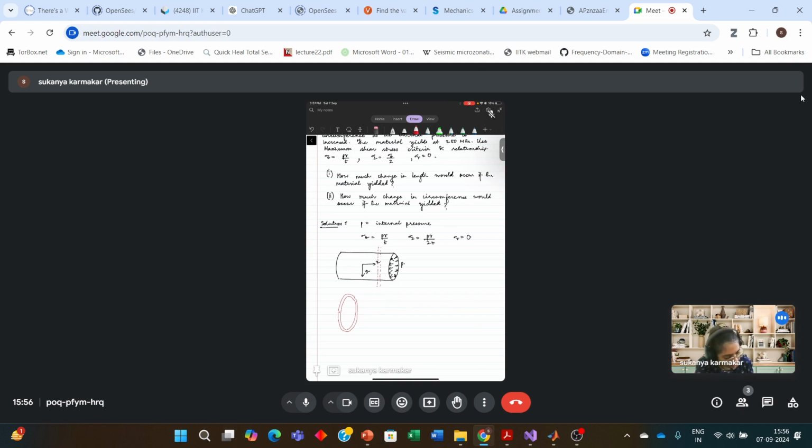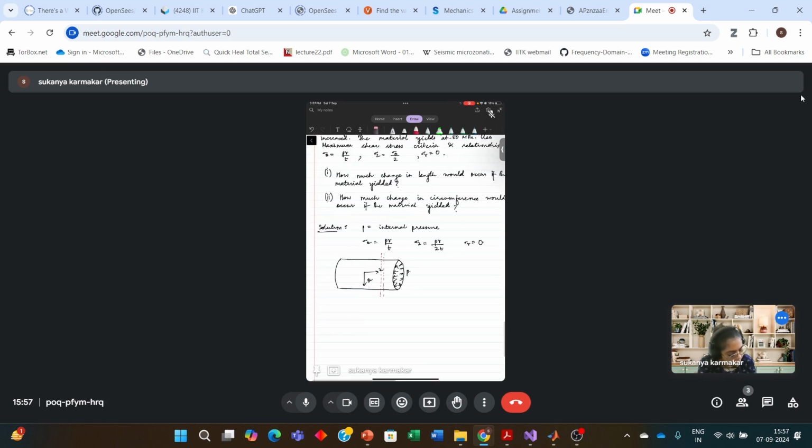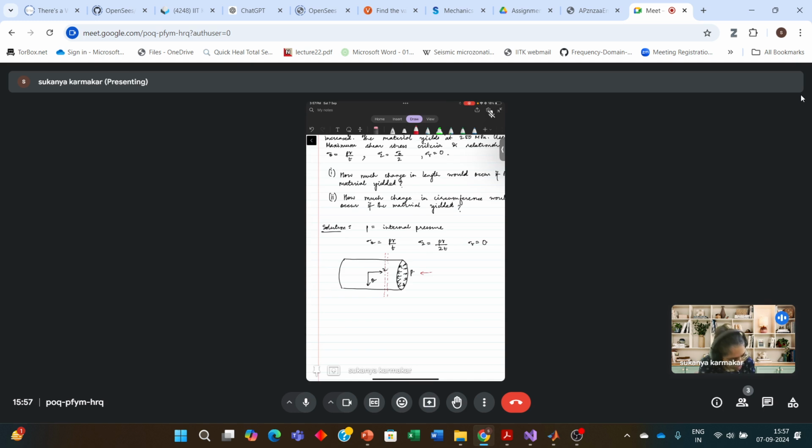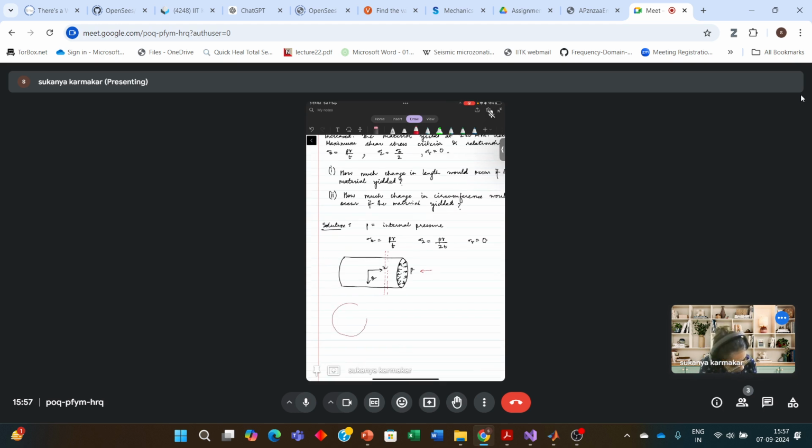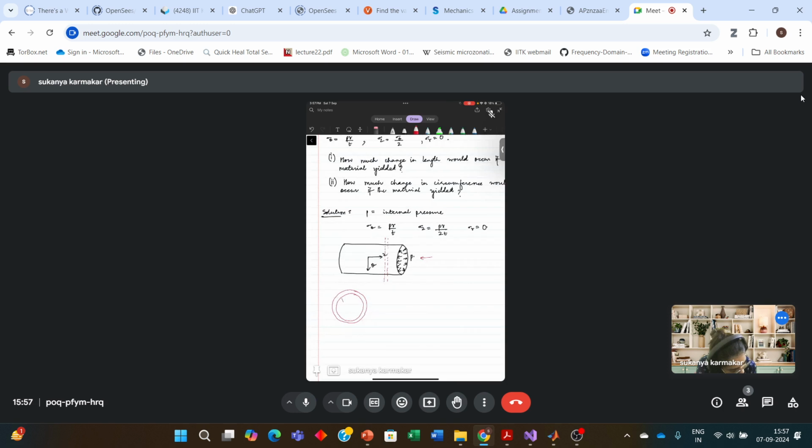Let's cut out a thin ring like this, and suppose you are looking at the ring from this direction. This is the thin ring which I have cut.